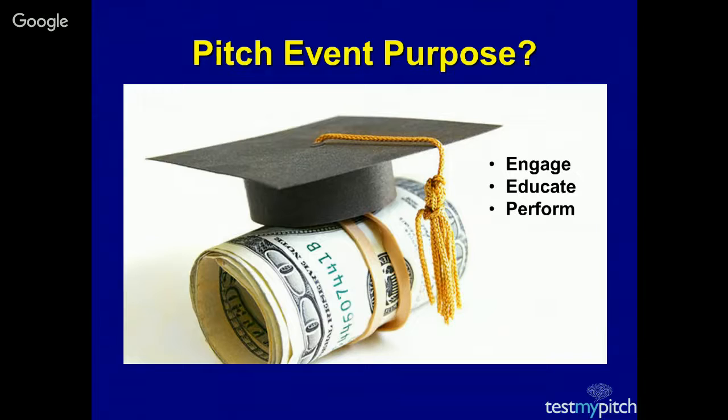So this might be a competition, it might be a funding event, and it could be an exit event, but ultimately it's where we have an expectation of completion at this point. And so with each of these different purposes, we're going to evolve different criteria, and we need to make sure we understand that each of these should have a different type of criteria and really some different focus.